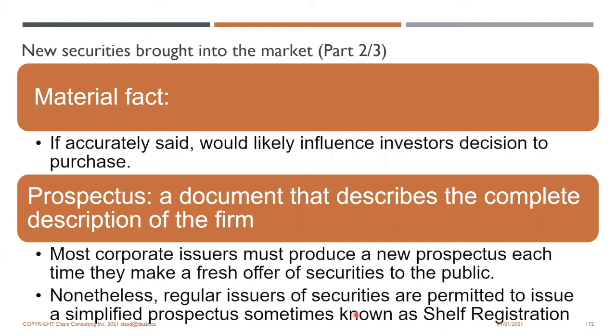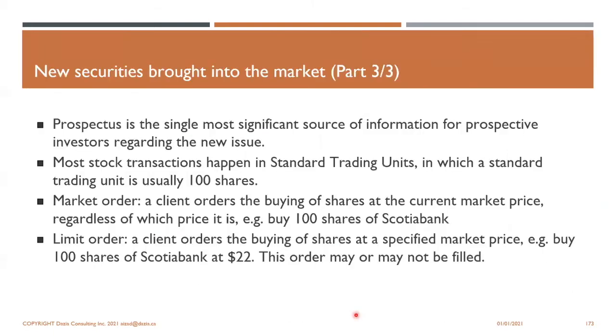If they are already issuing different securities in the market and have filed all of the required documents, then they may do a simplified prospectus, and this is known as shelf registration. The prospectus is the most important information for prospective investors, and they will review it in detail.